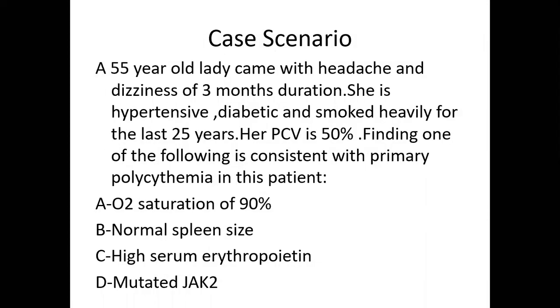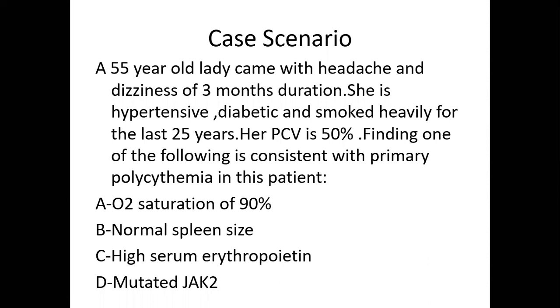Now we come to a case scenario. A 55-year-old lady came with headache and dizziness of 3 months duration. She is hypertensive, diabetic, and smoked heavily for the last 25 years. Her PCV is 50%. Finding one of the following is consistent with the primary polycythemia in this patient.